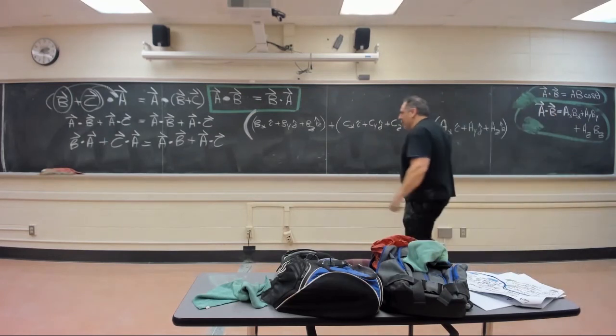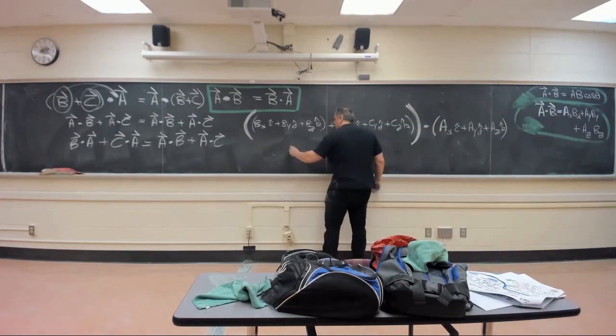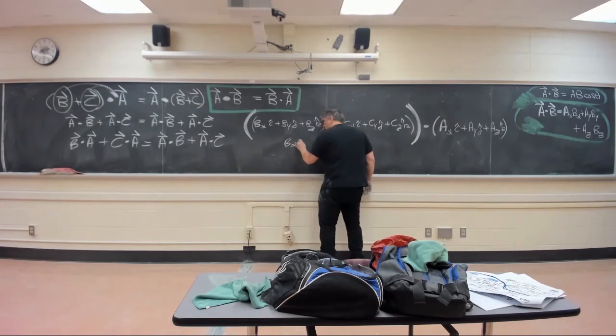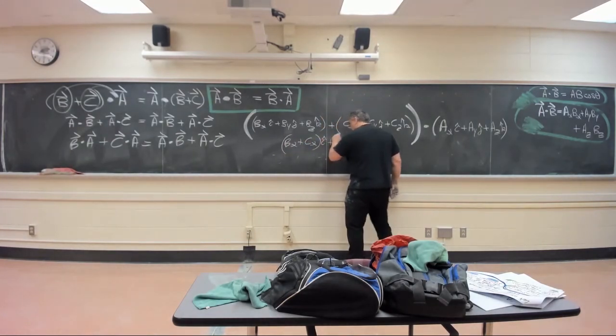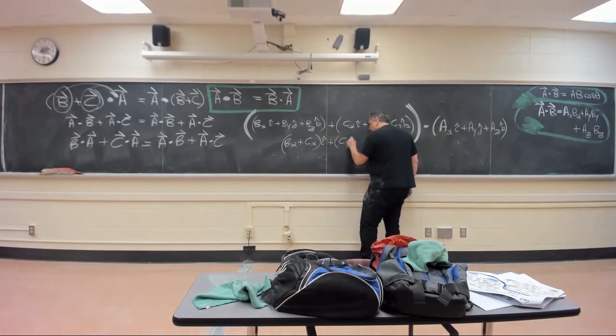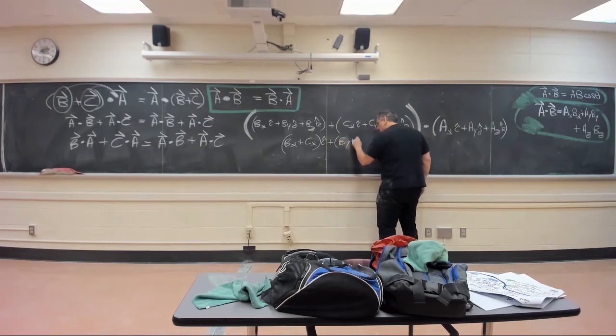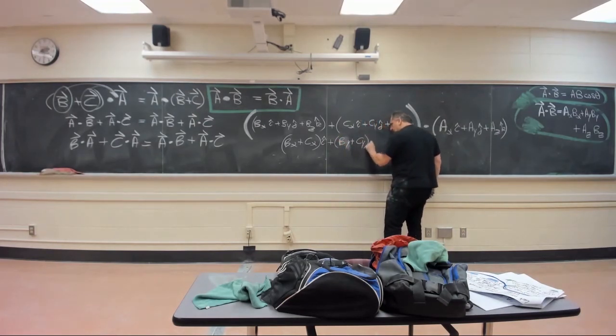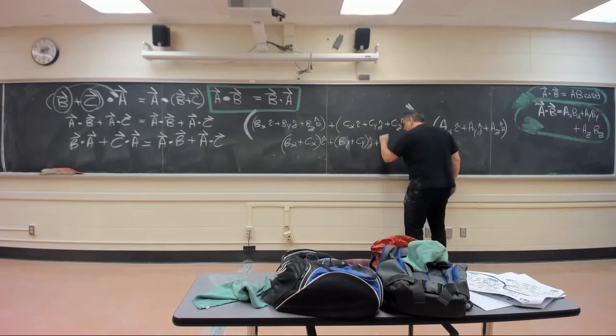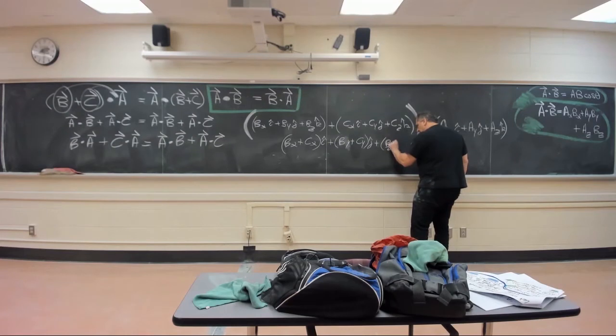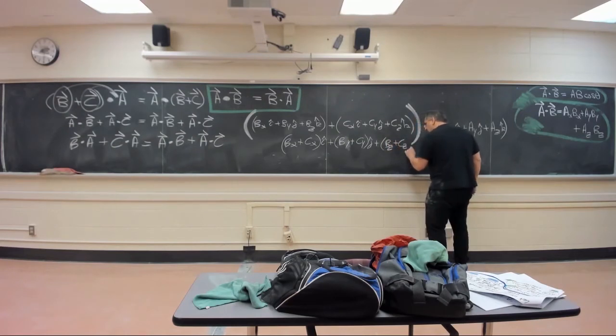You know where it's going. Bx plus Cx i hat, By plus Cy j hat, Bz plus Cz k hat.